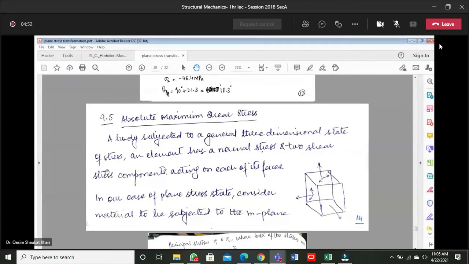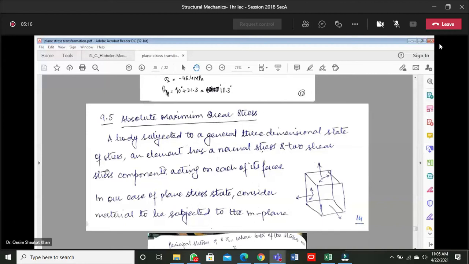Similarly, on the y face you have sigma y and tau yx and tau yz, and on the z face you have sigma z and tau zx and tau zy.